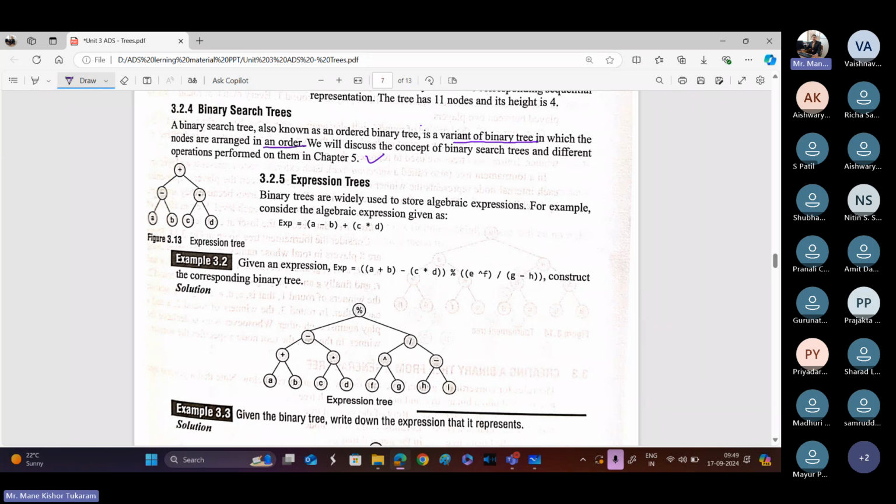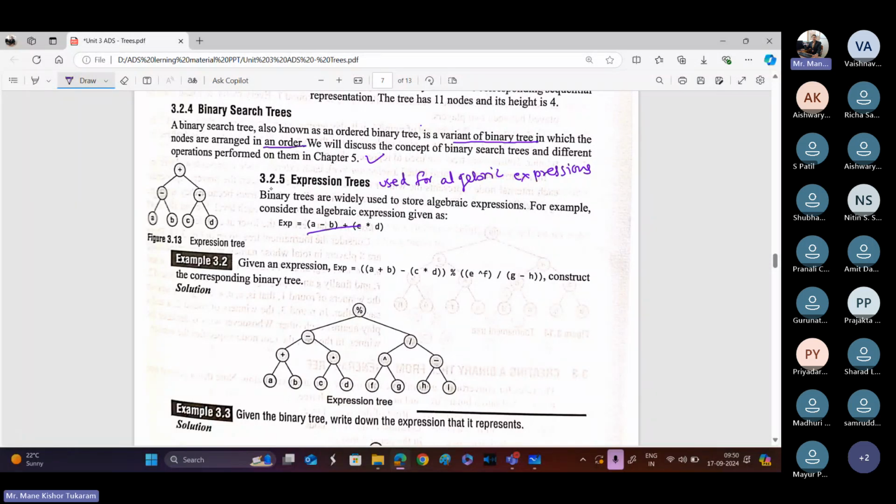Then expression tree, that is the fifth type of binary tree, which is basically used for algebraic expressions. To represent algebraic expressions or operations, we use this expression tree.